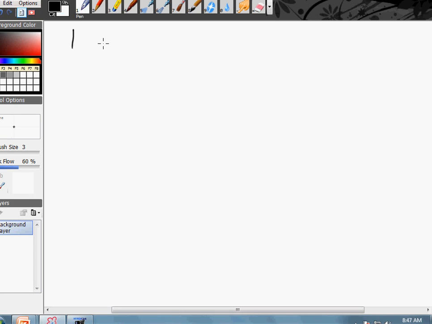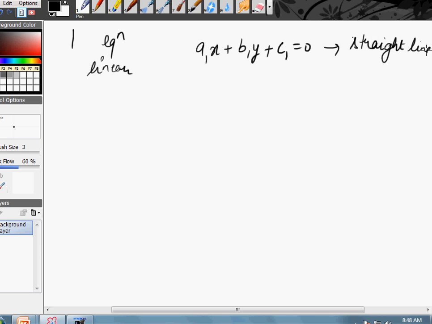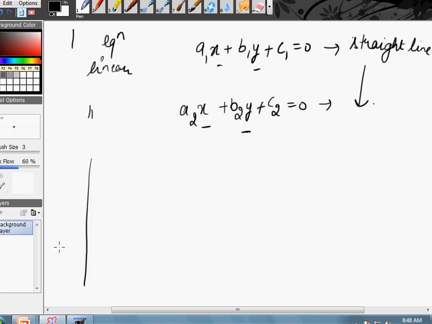Thus, if one linear equation, that is of the form a1x plus b1y plus c1 equals 0, represents a straight line, another equation of the form a2x plus b2y plus c2 equals 0 will also be a straight line. Since both the equations are in the same variables, we can plot both the equations on the same graph.